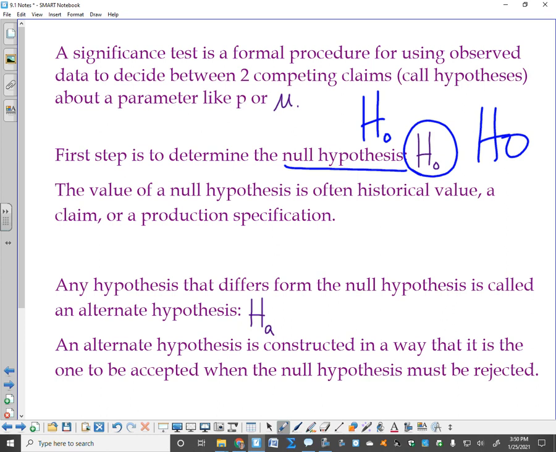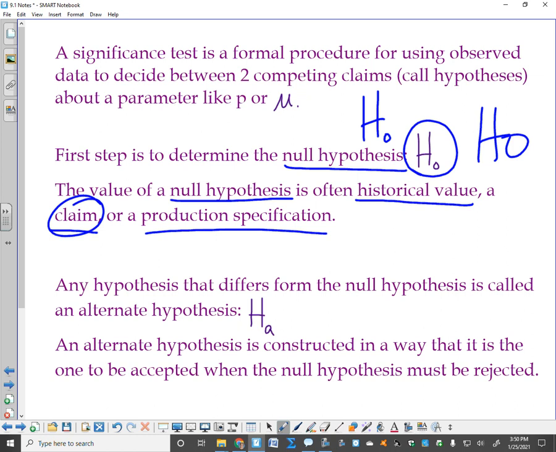First step is to determine the null hypothesis. The value of a null hypothesis is often a historical value, or it's a claim, or it's a product specification. It's kind of like where the bar is set. I just bought a new car and they say I should get 25 miles to the gallon. Well, that's a claim.